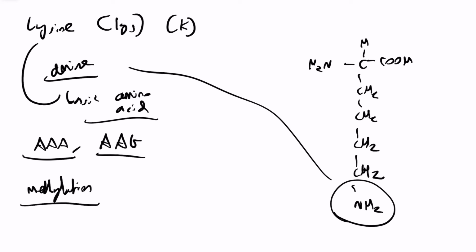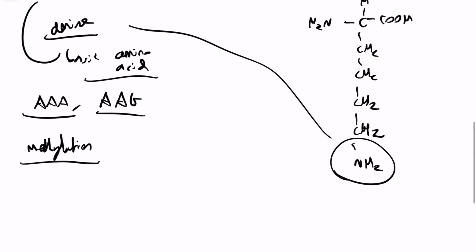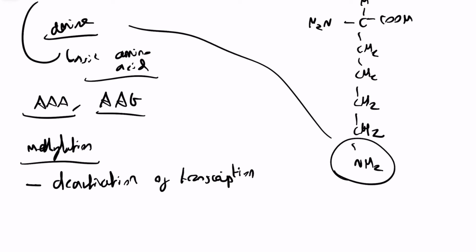And in histones, the methylation of lysine actually correlates to deactivation of transcription. So I'll put that as a note there. So the hypermethylation, so basically you can methylate this amine essentially 3 times, really. You can put 3 methyl groups or 2 methyl groups, and that kind of is known as hypermethylation.